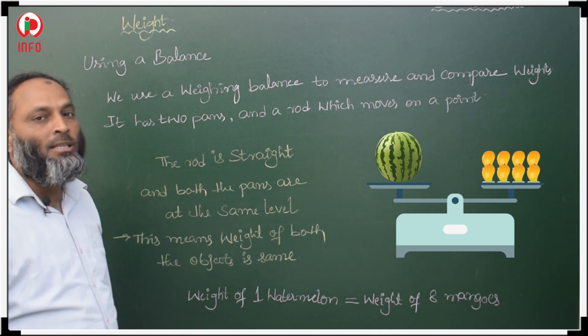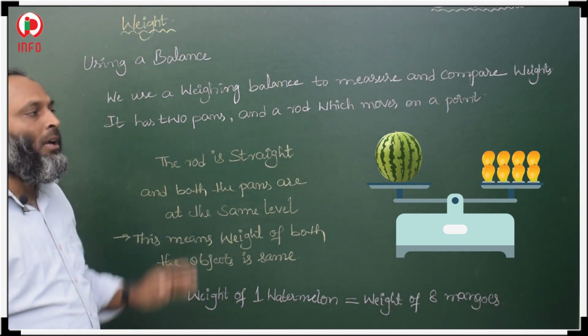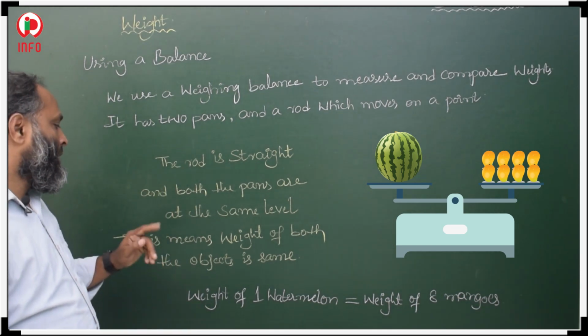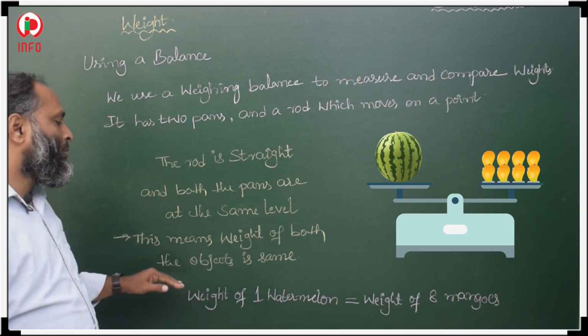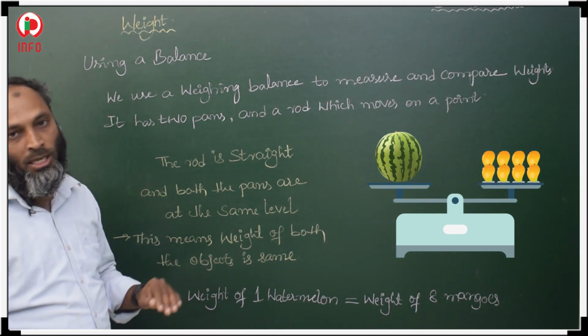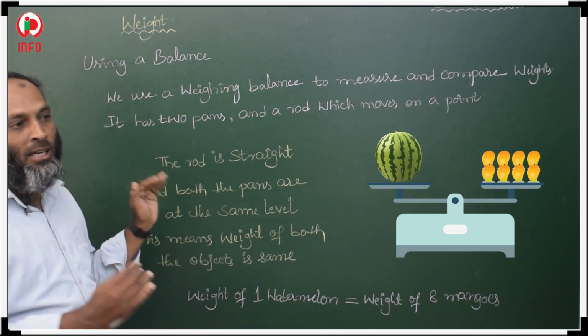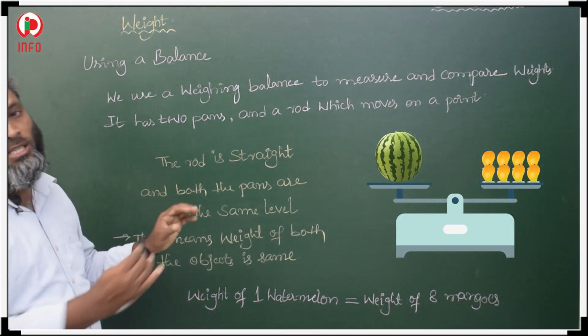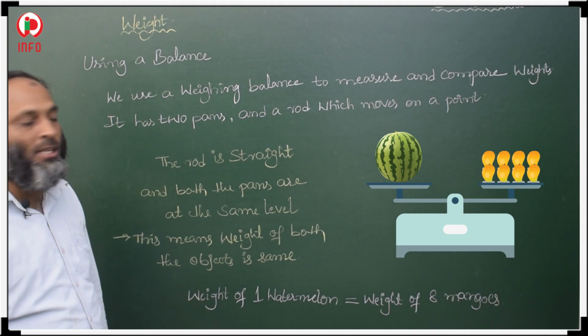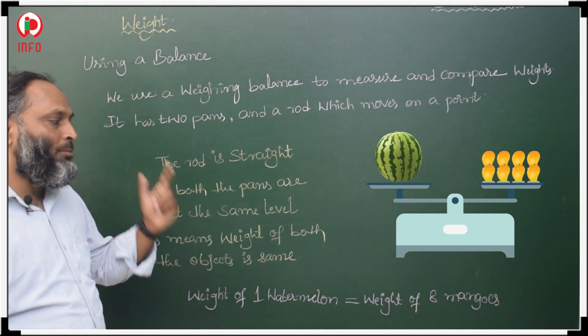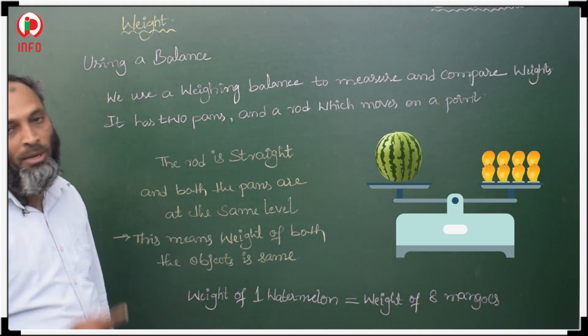Then what does it mean if the pans are at the same level? It means the weight of both the objects is the same. Whatever objects are in the two pans, their weight is the same. In the first pan, what is there? A watermelon.